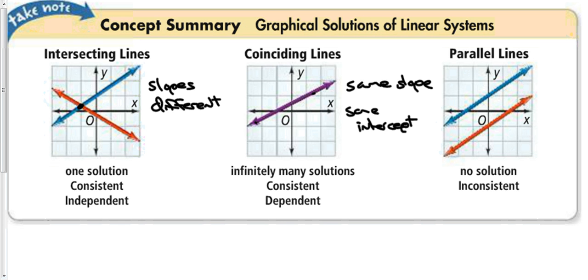If two lines have the same slope and the same y-intercept, they have to be the same line. And for parallel lines, we have the same slope and different y-intercepts. So based on the slopes and the intercepts, we can tell what kind of system we have.